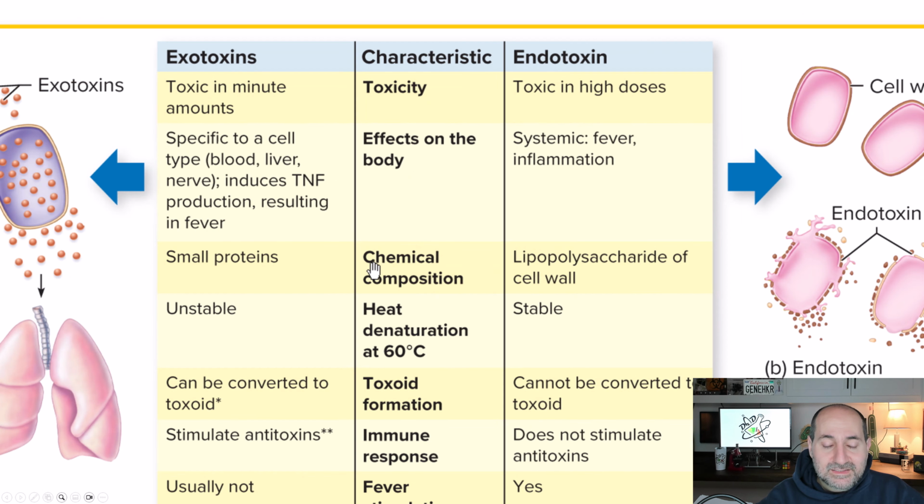Again, I told you exotoxins are small proteins that are toxic. That means they are coded for by genes, whereas endotoxin is lipid A. Remember, it's the lipopolysaccharide of the outer membrane of gram-negative cells only. So they're only found in gram-negatives, whereas exotoxins can be found in gram-negatives and in gram-positives.